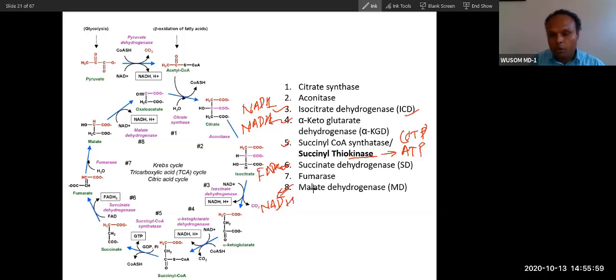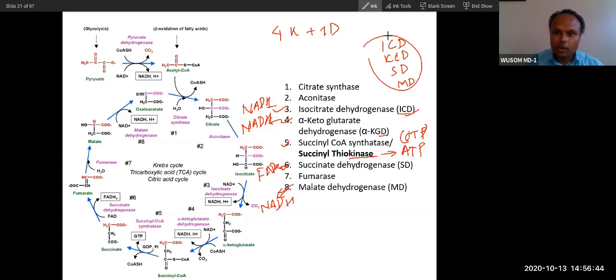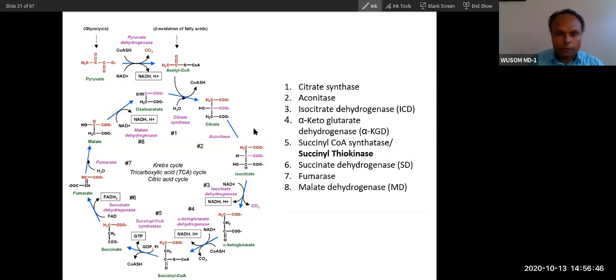If you memorize these 5 steps, that is done. 4 are dehydrogenase and 1 is kinase. In glycolysis, there are 4 kinase plus 1 dehydrogenase. Here it is the opposite: 4 dehydrogenase and 1 kinase. Which kinase? Thiokinase.